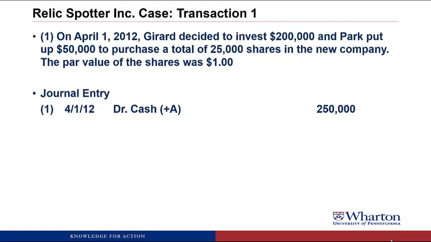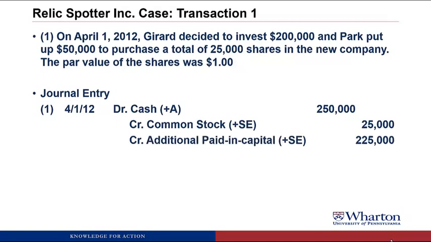But remember, we have to split this into two parts, the par value and the additional paid-in capital. So first, we have common stock at par, which is going up by 25,000 shares times $1 or $25,000. We make stockholders' equity go up with a credit, so we credit common stock for $25,000. And then we credit additional paid-in capital for the rest, $225,000, which is the number we need so that our debits equal our credits.